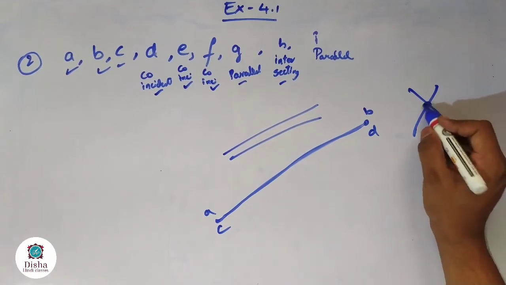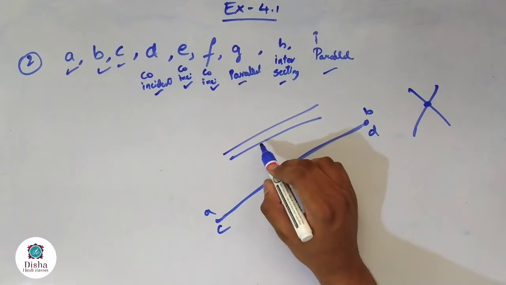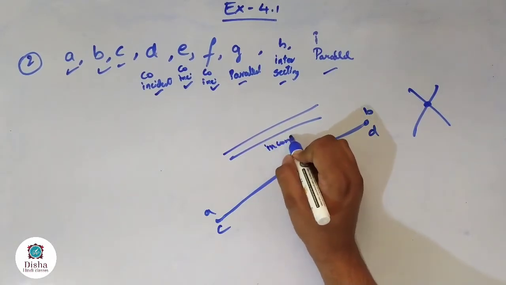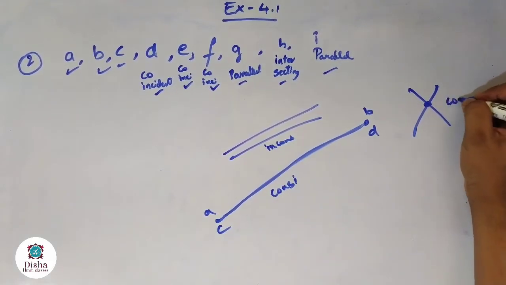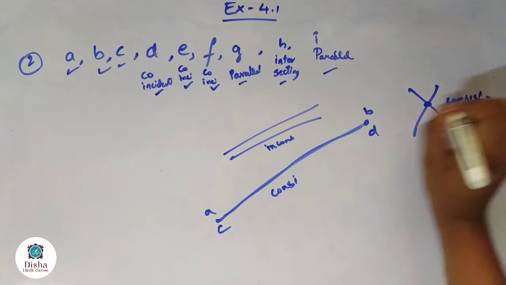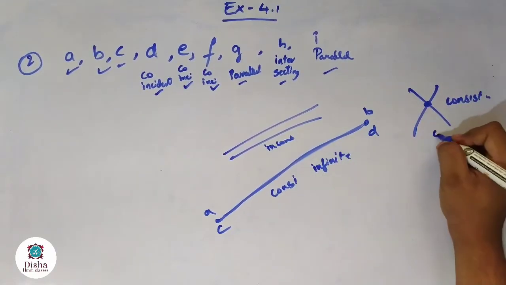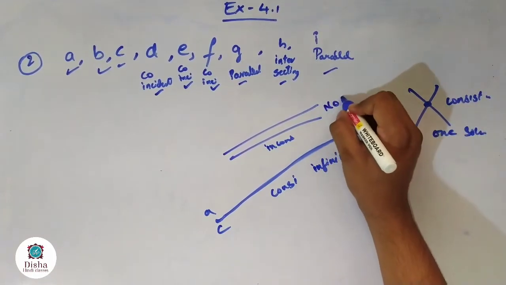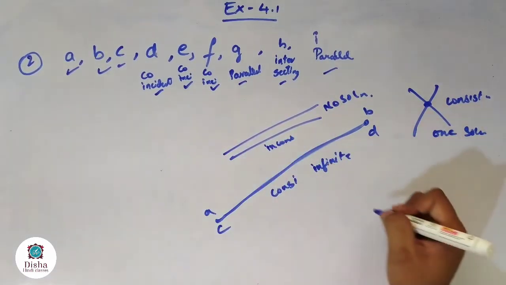They will intersect at a particular point. And again I will be parallel, same as before. So parallel are inconsistent. Coincident are consistent. And intersecting will also be consistent. Right? Coincident will have infinite solutions, intersecting will have one solution and parallel will have no solution. So these are the problems of the second bit.